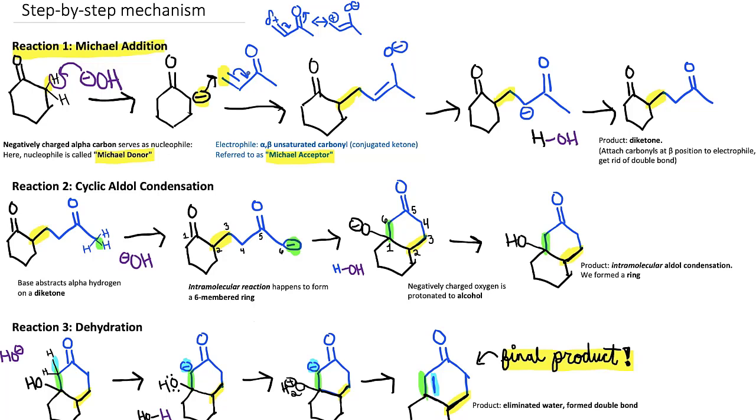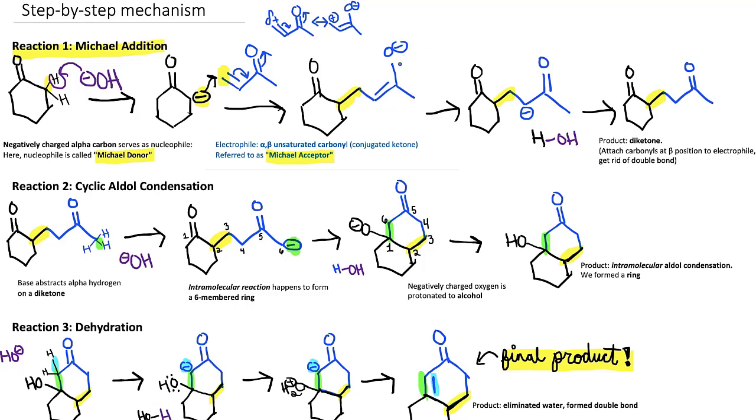These electrons are going to move here, these electrons are going to come onto oxygen, and we're left with this structure in which we've formed a new bond here that I've highlighted in yellow. This negatively charged oxygen attached to a double bond is called an enolate, which, if we kept this negative charge on oxygen where it is, and used this lone pair to protonate oxygen to an alcohol, it'd be called an enol.